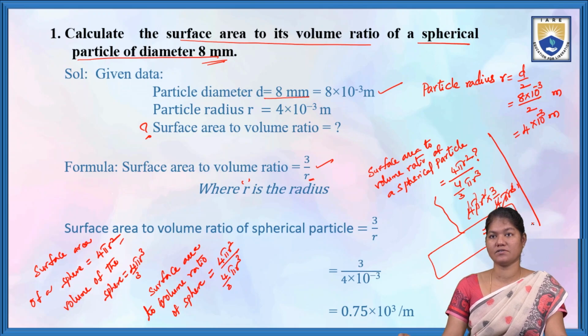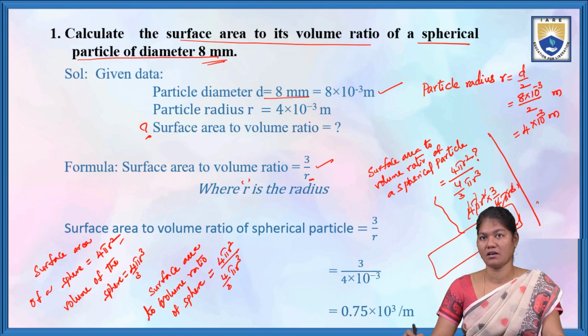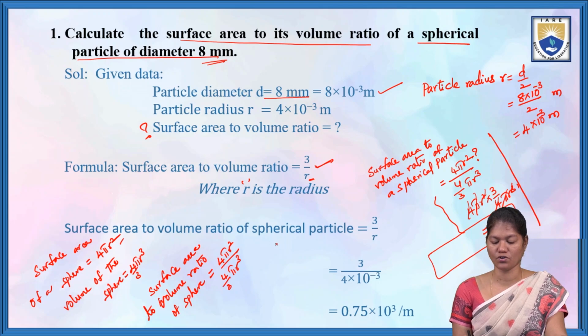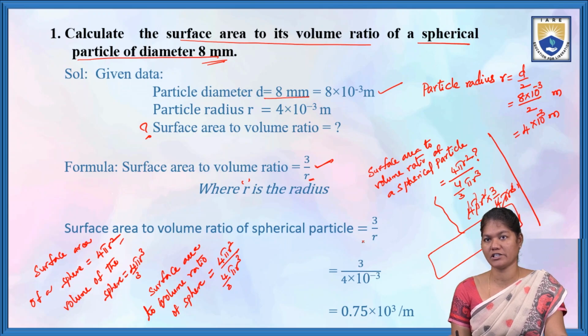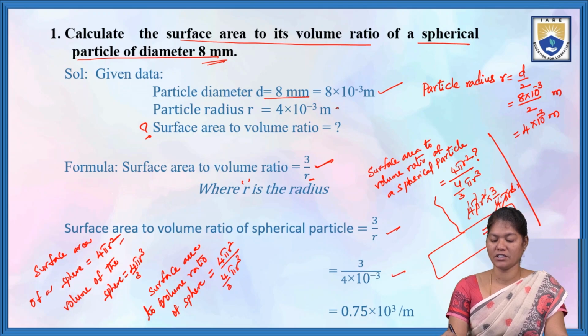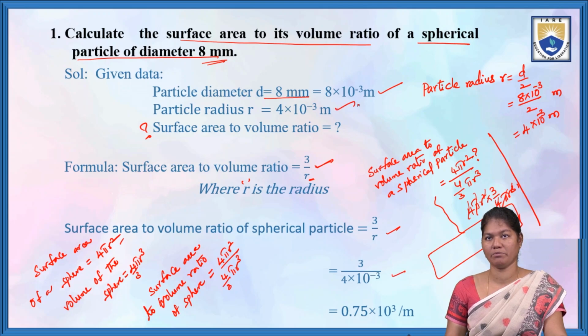So the surface area to volume ratio is 3 by r. We need to calculate the surface area to volume ratio of the spherical particle. From the formula it is equal to 3 by r, where r we know is 4 into 10 power minus 3 meters.